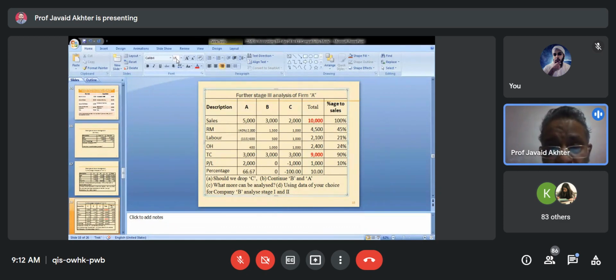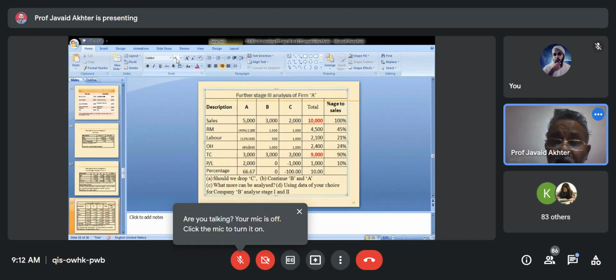Not 11%, maybe 12%, exactly 12%. It is spending 12% of its revenue on labor in case of product A, and it is spending 8% of its total revenue on overheads.